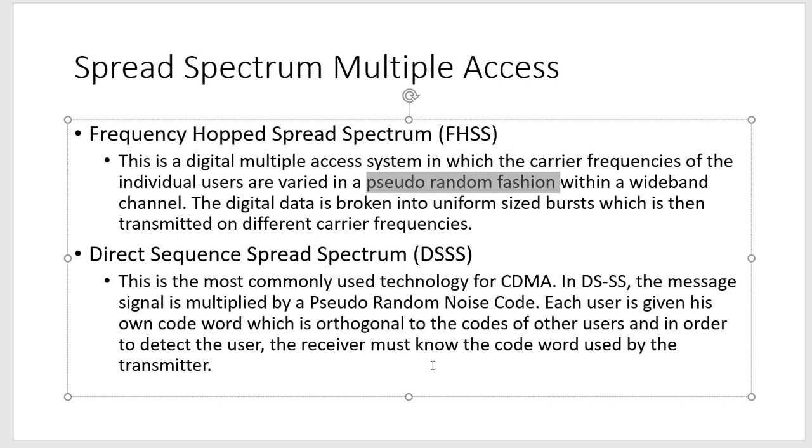The important point is that DSSS, direct sequence, uses CDMA, and it multiplies the message with the pseudo-random noise code. Each user is given their own code word, which is orthogonal to the codes of other users, in order to be detected by the receivers.